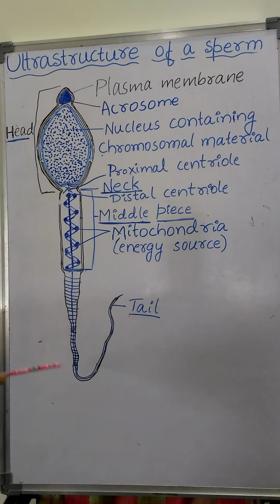Human sperm is composed of different parts: the anterior or uppermost part, that is the head; next to that, the neck; next to the neck, the middle piece; and the last part, the tail.